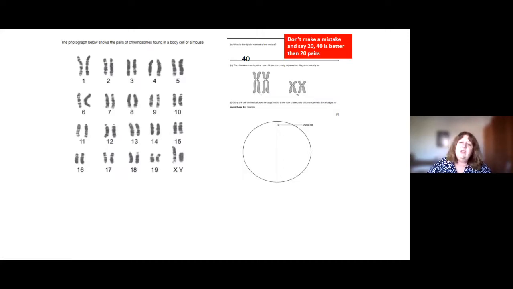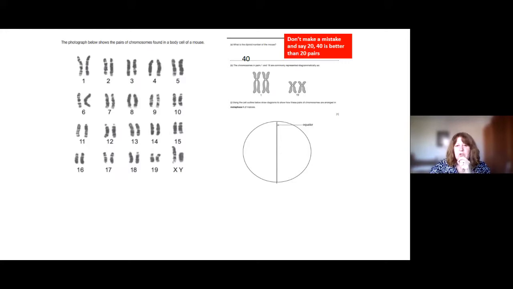Now, I used this question last week, but in terms of mitosis. This time I'm revealing the real question, which is about meiosis. It says, using the cell outline below, draw diagrams to show how these pairs of chromosomes are arranged in metaphase 1 of meiosis. I suggest you think about the equator, so you'll know where the spindles and the centrioles are.